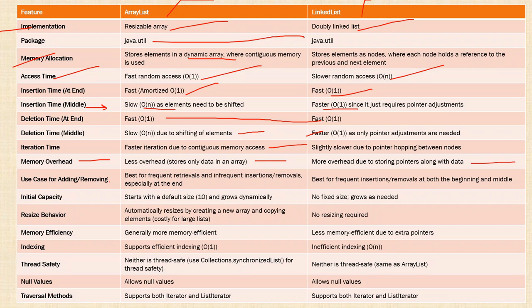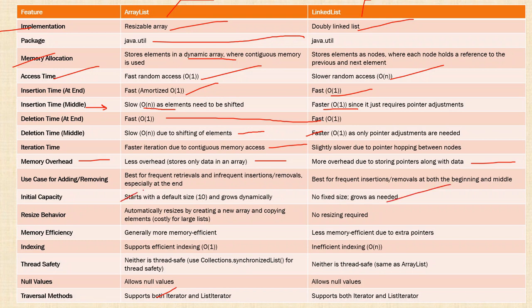Linked list is best for frequent insertion and removal at the beginning and middle. In that scenario you can use linked list. Initial capacity will be 10 for the array list, and there is no fixed size for linked list.